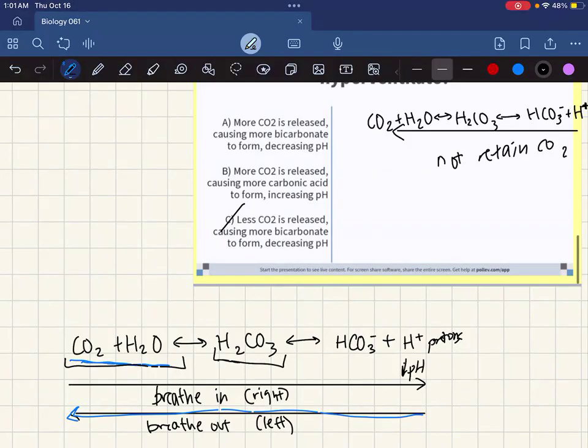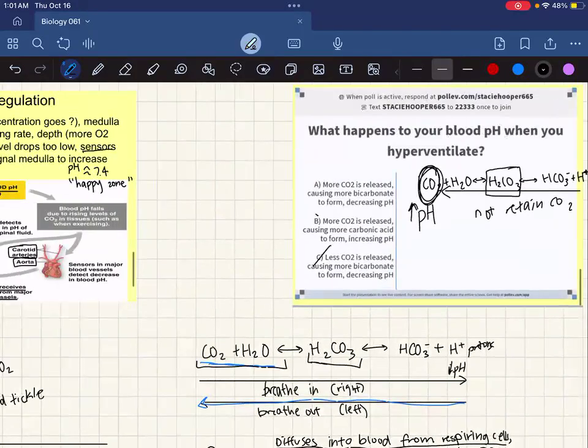Because we are releasing more carbon dioxide, we actually had more carbonic acid form. And this releases more carbon dioxide, increasing the pH. And so the correct answer is B.